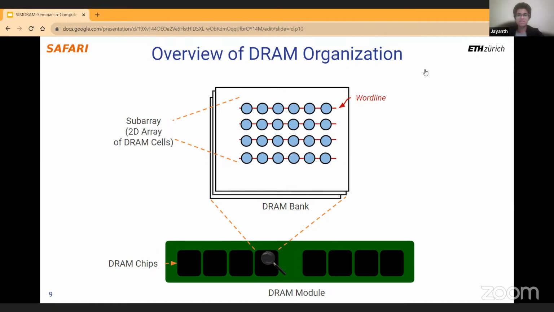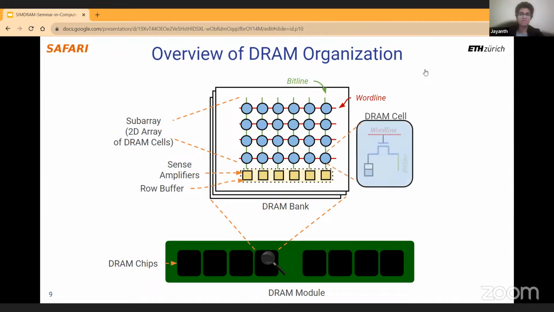All of these DRAM cells are connected horizontally by a word line and vertically by a bit line, as shown in the figure. These bit lines are connected to an array of sense amplifiers. The sense amplifiers, popularly called the row buffer, basically latch the value that we read from or write to the DRAM.